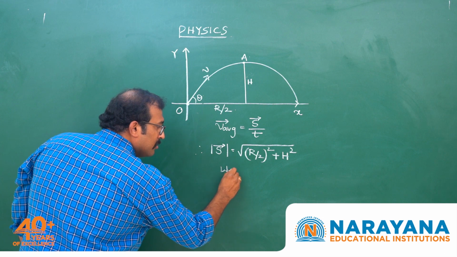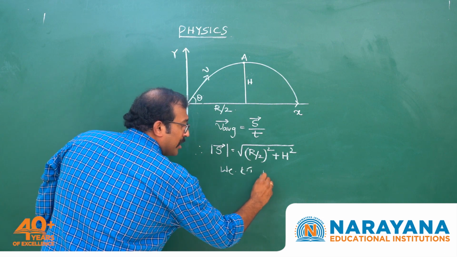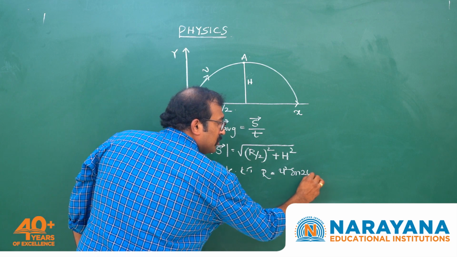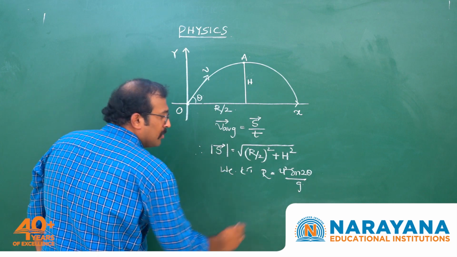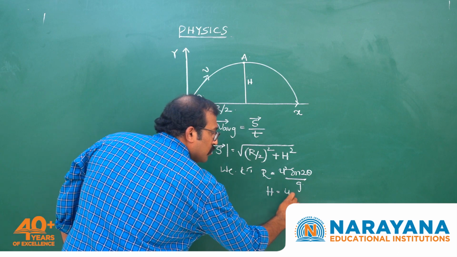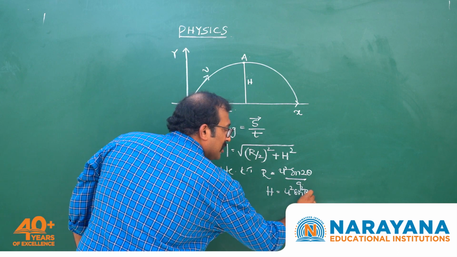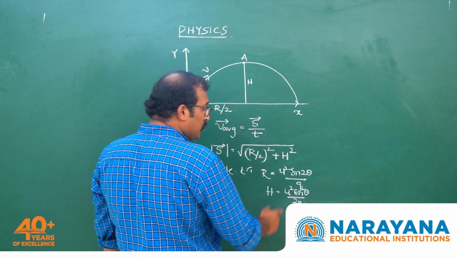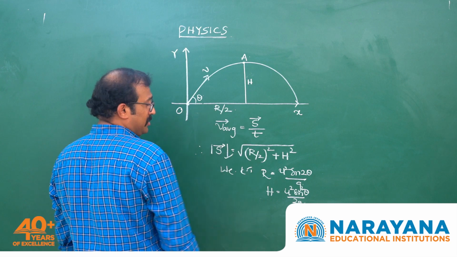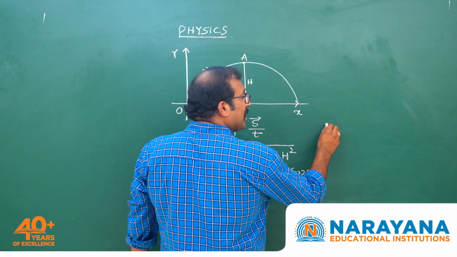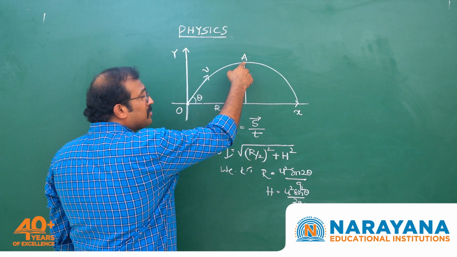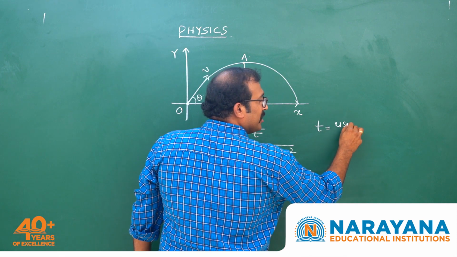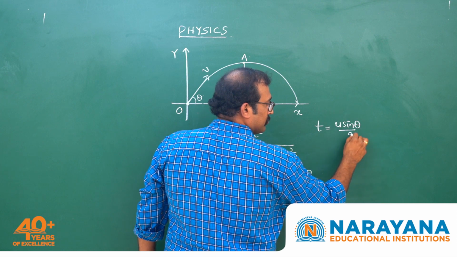We know that the range equation is given by u square sine 2 theta by g, and the maximum height is u square sine square theta by 2g. Therefore, using these two, we can find out the displacement, and we know that the time taken from the point of projection to the maximum height is the time of ascent, which is given by u sine theta by g.